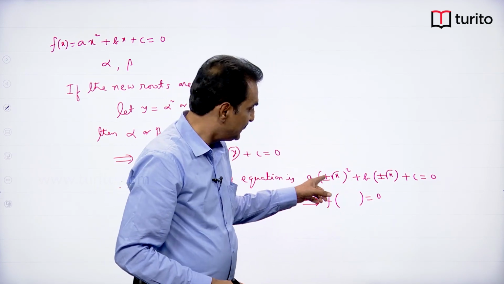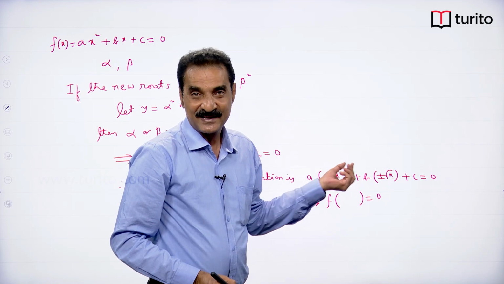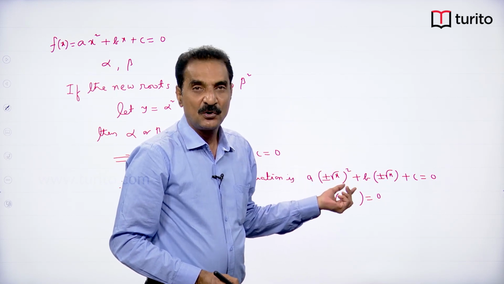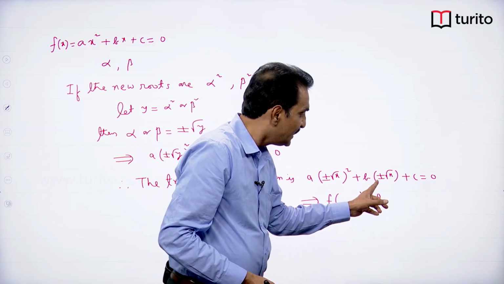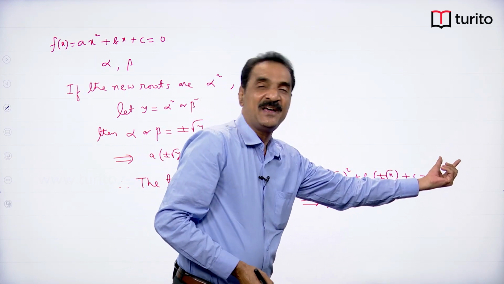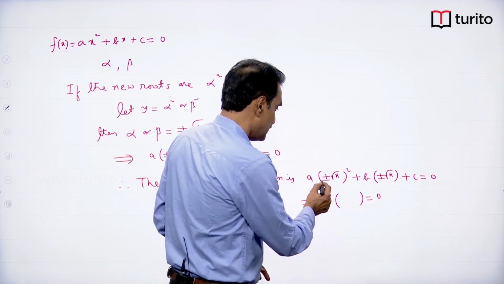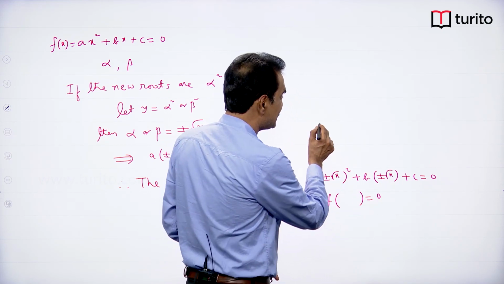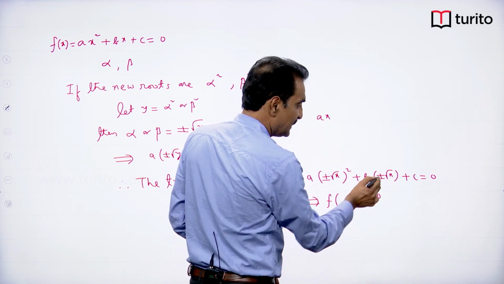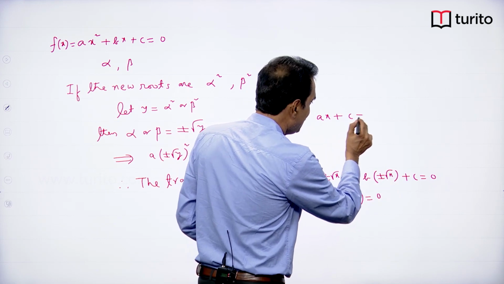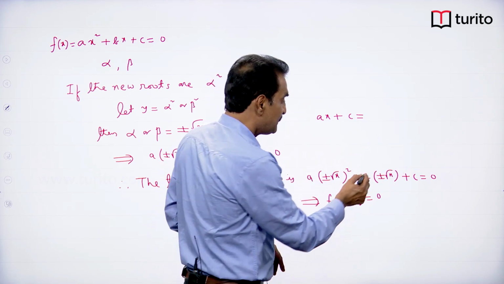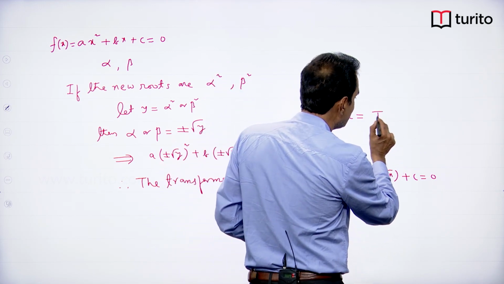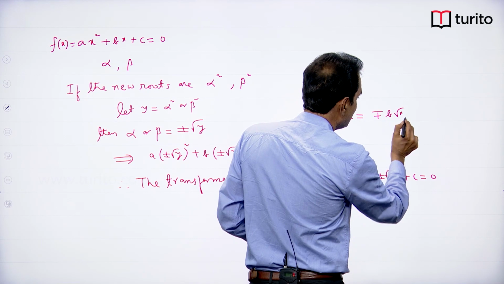But this is not a quadratic equation because root x is present. So we have to modify this into a quadratic equation, taking this term to the right side and squaring. See, plus or minus root x whole square is x. So, ax plus c is equal to, taking this middle term to the right side, you will get minus or plus b root x.